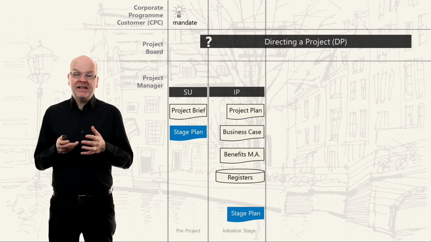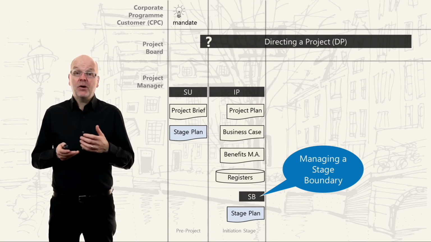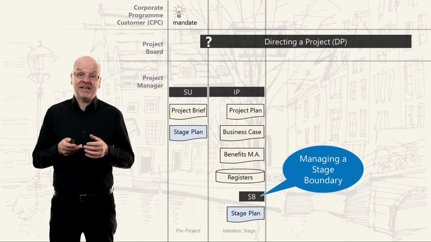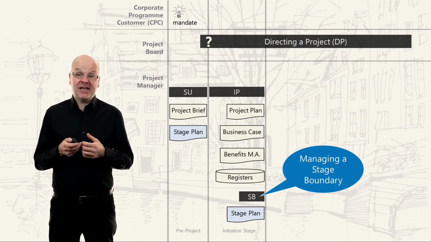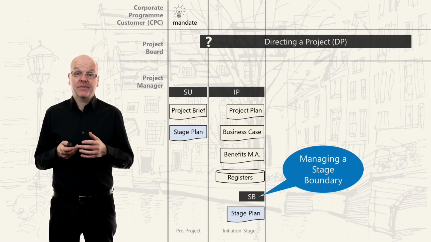It's best to see the stage boundary process like a timeout between stages. So here the project manager will review the last stage and plan the next stage. The team manager will help the project manager to create the stage plan for the next stage, and the project manager will report on the last stage.